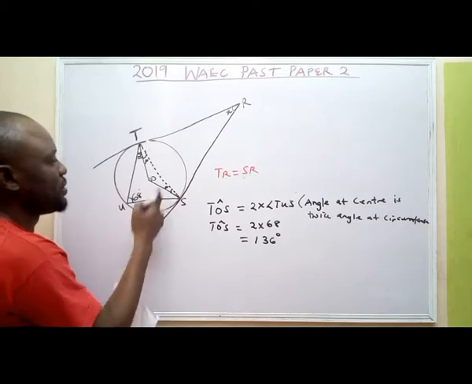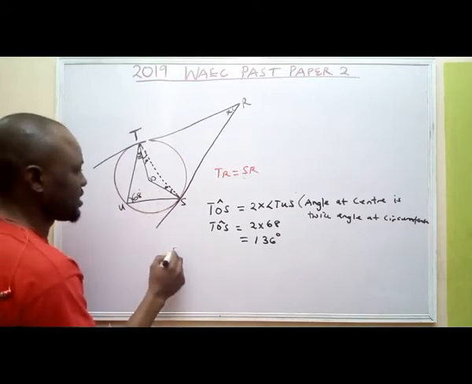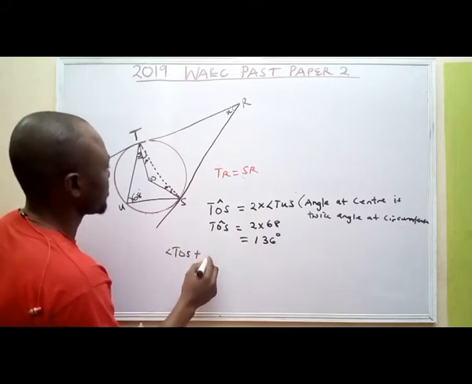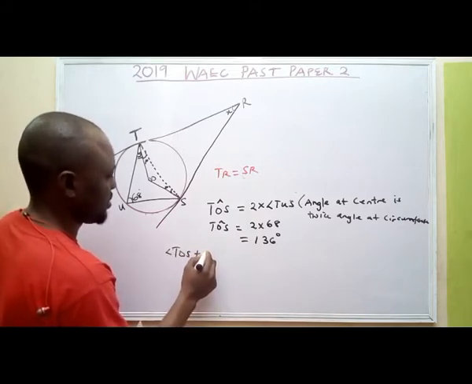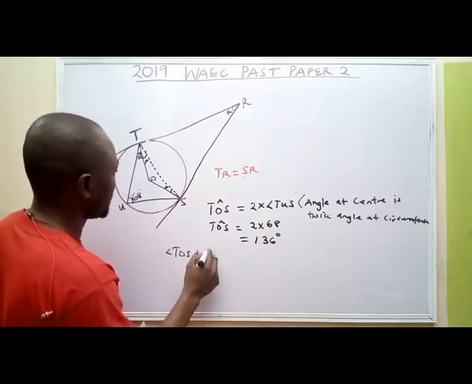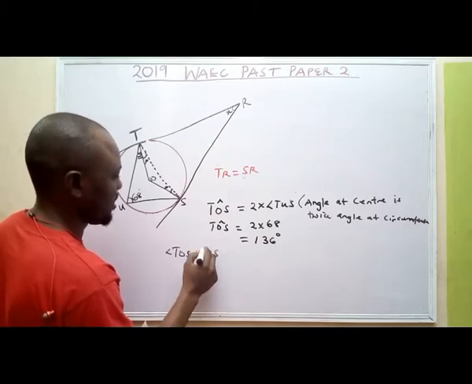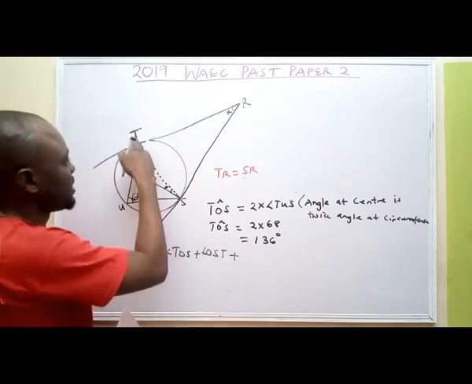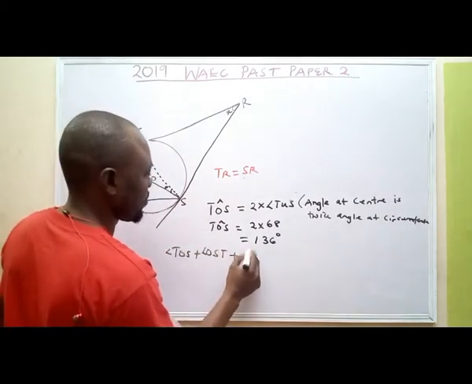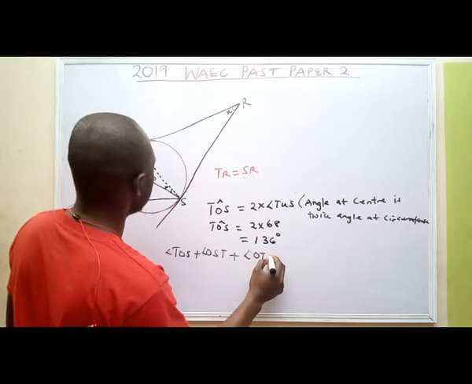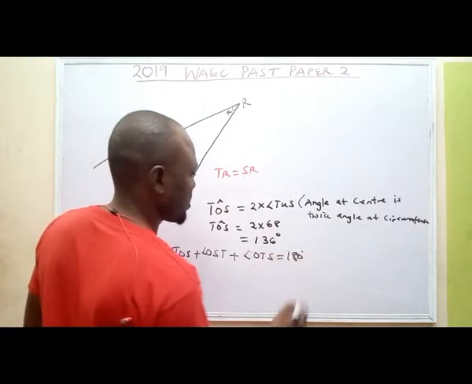To get P, TOS plus OST plus OTS equals 180 degrees.